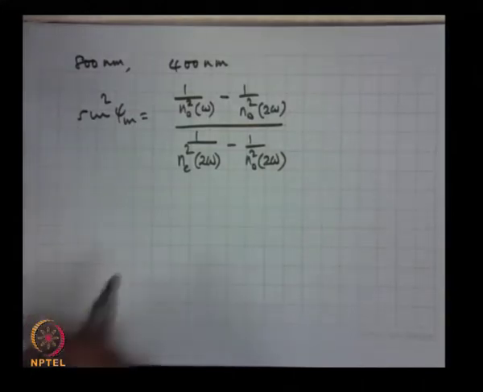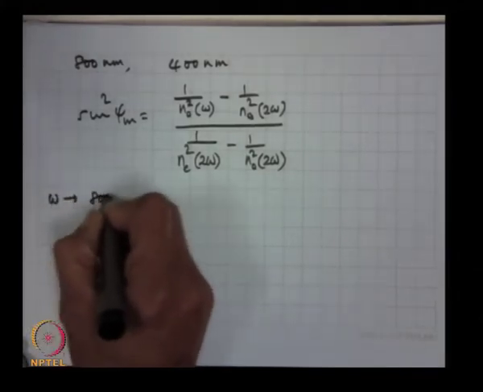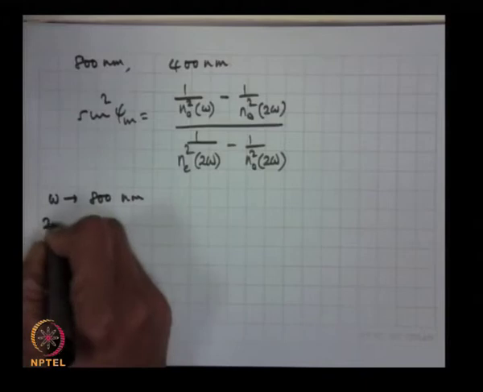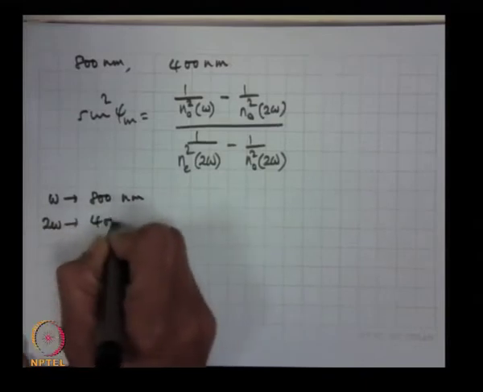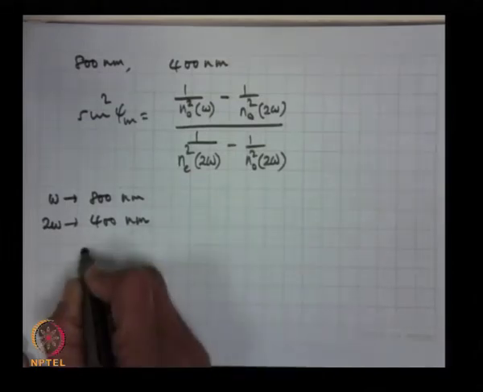So, for example, omega corresponds to 800 nanometers and 2 omega corresponds to 400 nanometers.